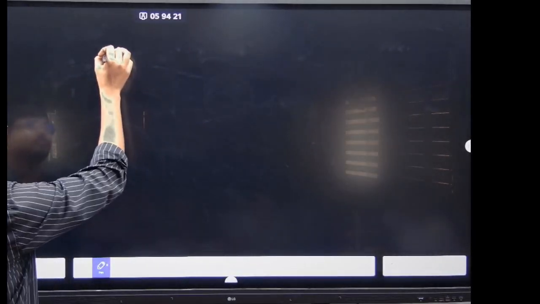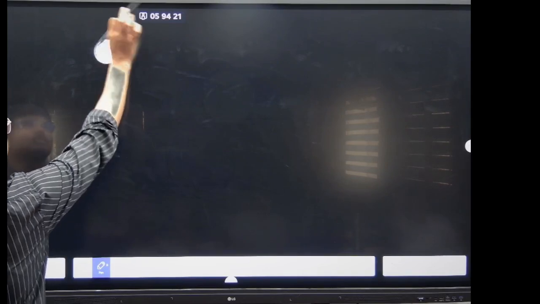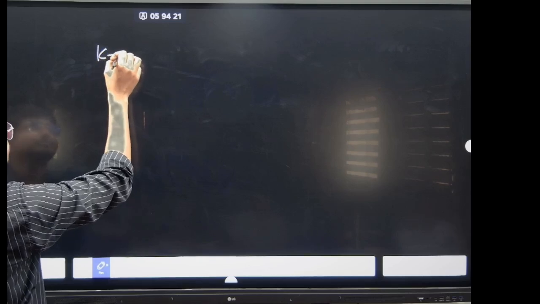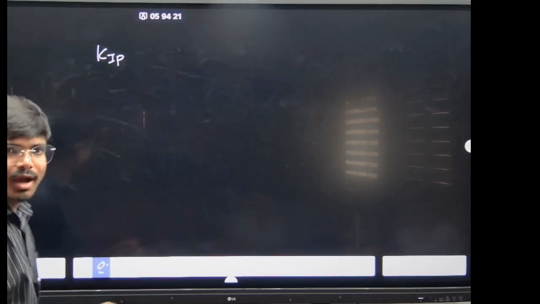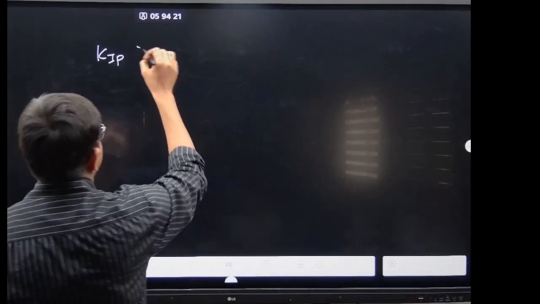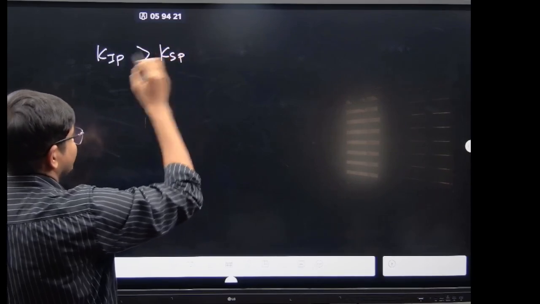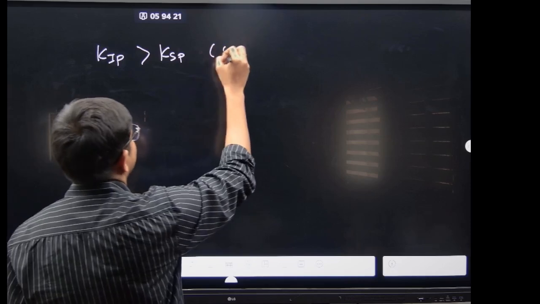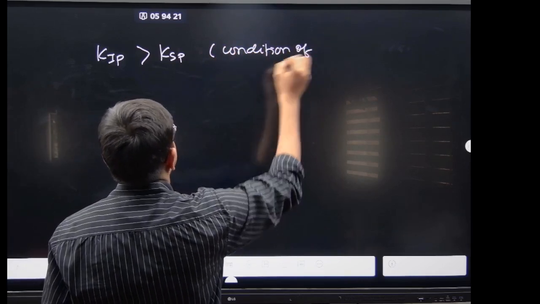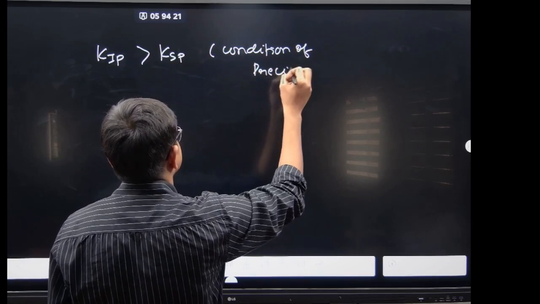See here, you can understand ionic product from the reaction quotient. Ionic product is the same as the reaction quotient, right? If ionic product is greater than the Ksp, it is a condition of what? Precipitation. Condition of precipitation.